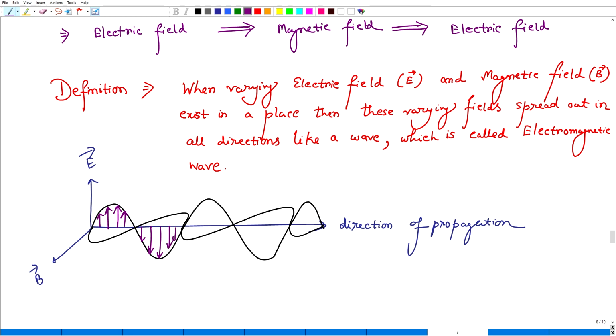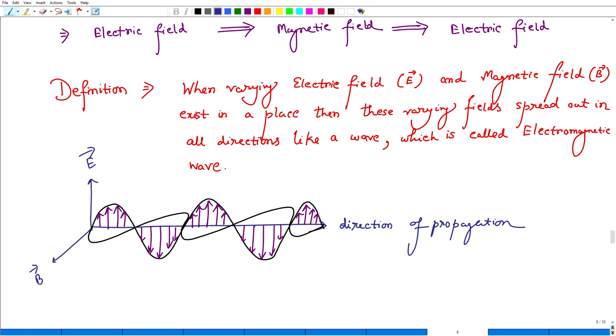Okay, this is a snapshot at a time, as I have also said. So from here we can see that the electric field is varying with respect to time. After some time it is like this. If we only focus on the electric field, it's like this, then it will be like this.